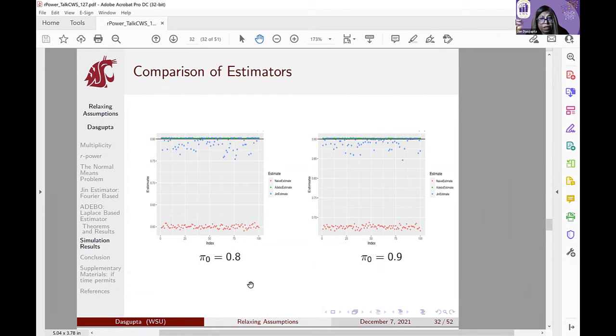And bigger pi naught is something we would expect in real life, because most of the time there are more hypotheses with no signals than with signals. So it makes sense, but the variability was a bit much for us. If the true value was 0.90, we could easily get values around 0.84, 0.85, whereas Audible's estimator was like 0.9000 something. So it's always very close to the true mean.